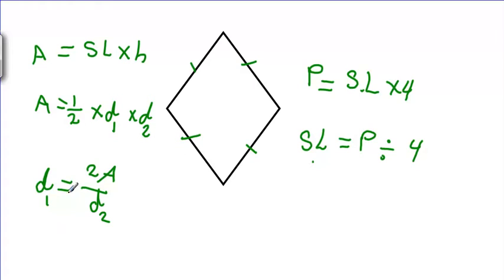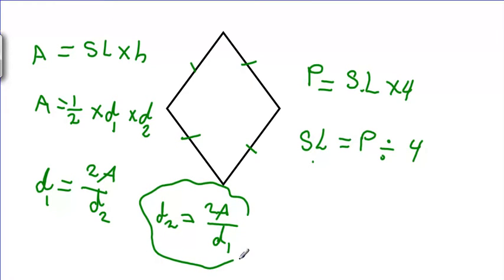This is the rule: d1 equals 2A divided by d2, or d2 equals 2A divided by d1. If you want to get the length of the diagonal, you will multiply the area by 2 and divide by the given diagonal.